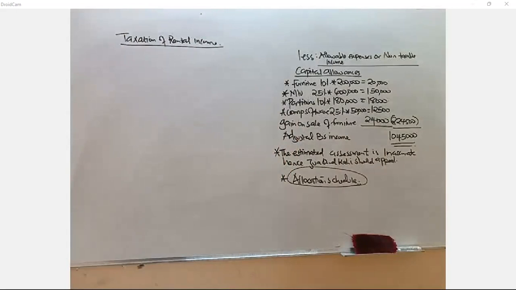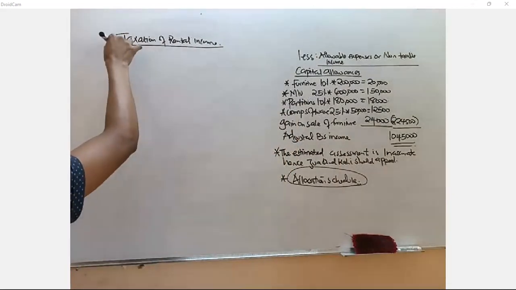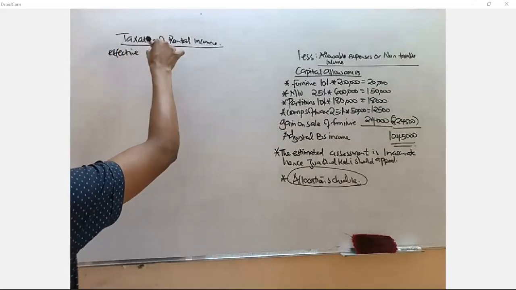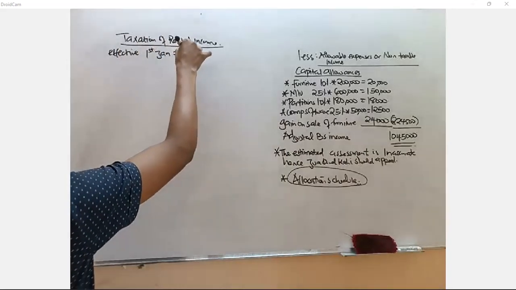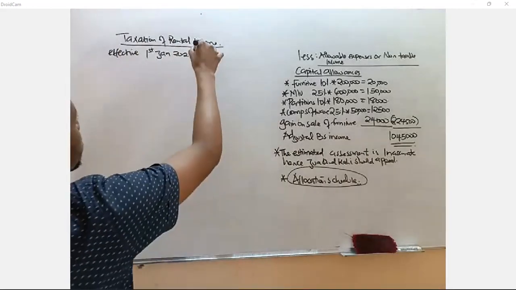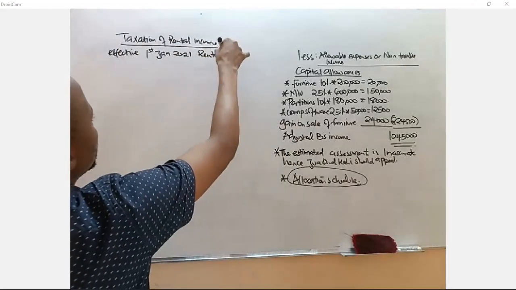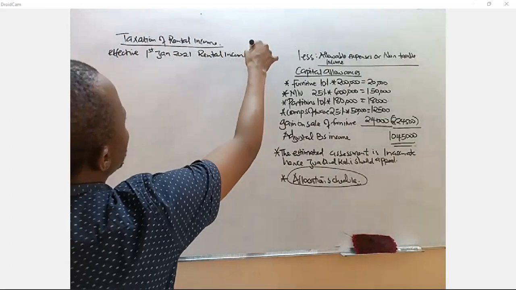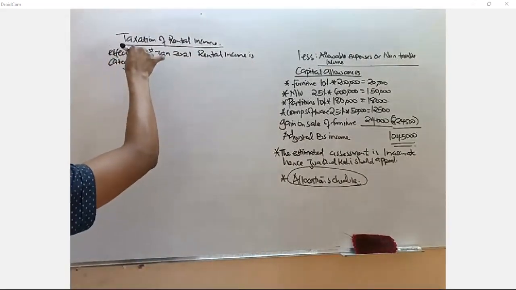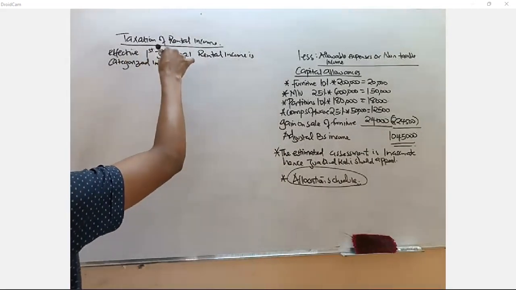Effective 1st January 2021, rental income is categorized into two.